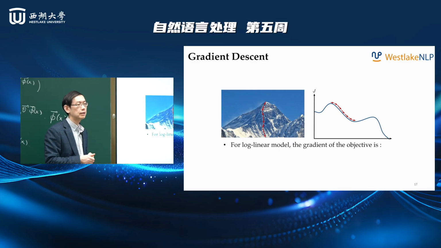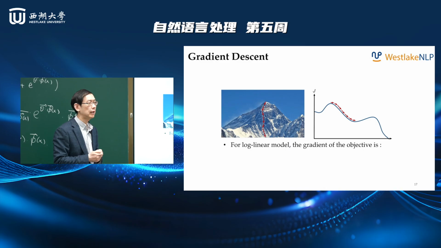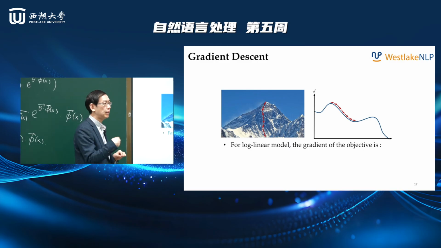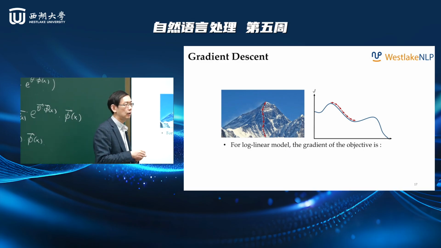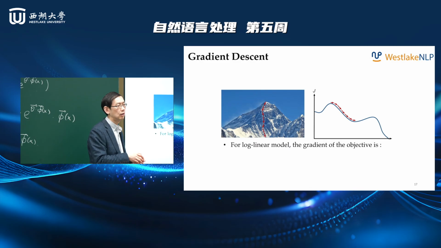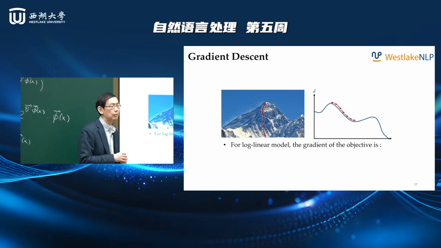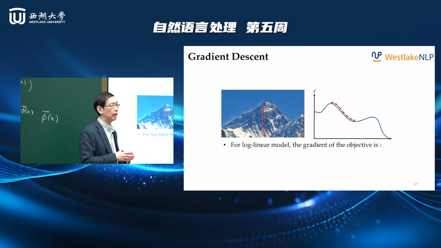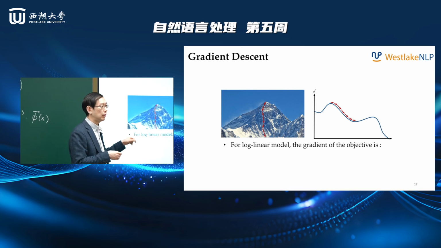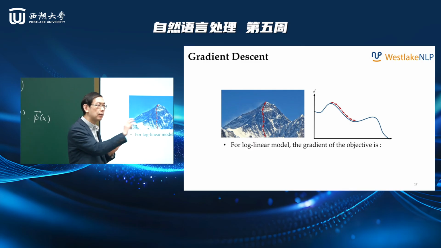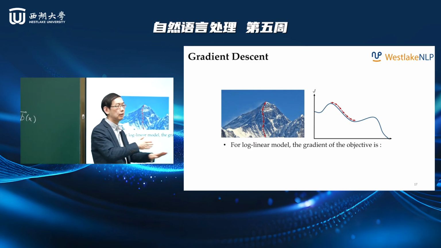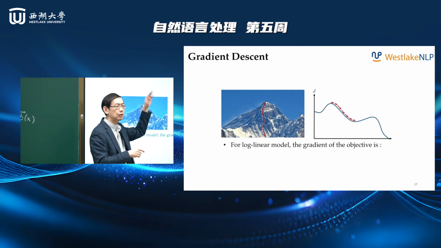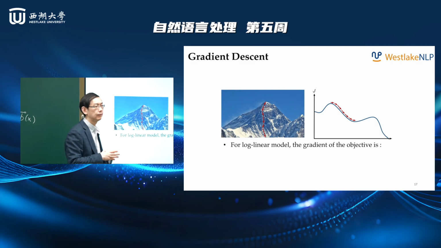The gradient has a value. So we can multiply this gradient value with a step size. Let's say alpha. Alpha could be 0.1, 0.001, or 100, I don't know. But this is called a step size. We multiply this alpha to the gradient, and we make a move on the x y coordinate, and then our altitude will change correspondingly.